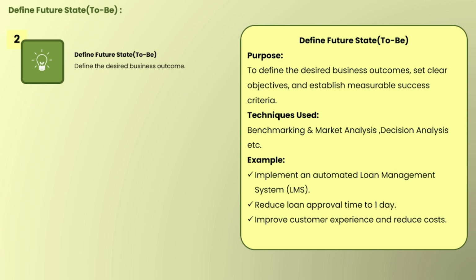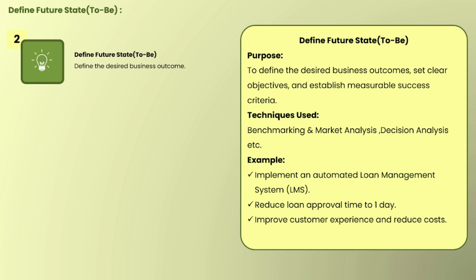This is mentioned in the future state. For the loan management system, here we can say that faster loan approvals is the desired outcome. Then improved customer satisfaction is another desired outcome we want. So in this way we can mention the desired outcomes for the business.